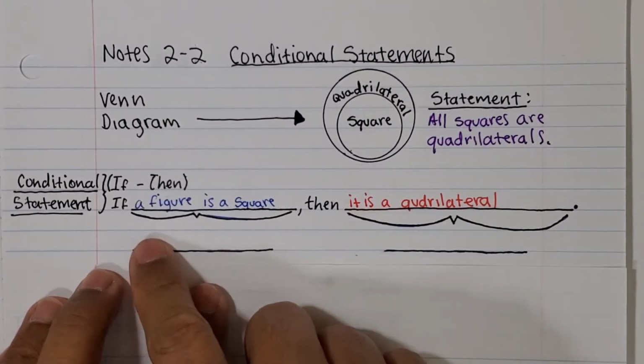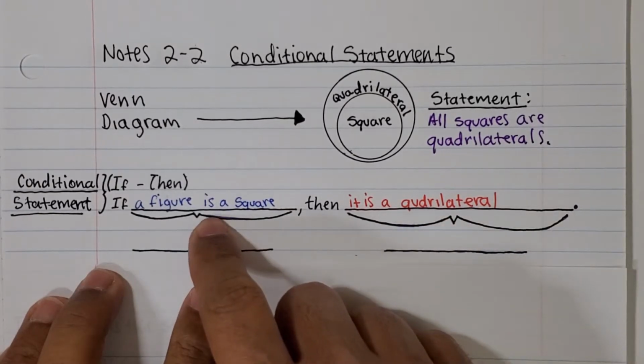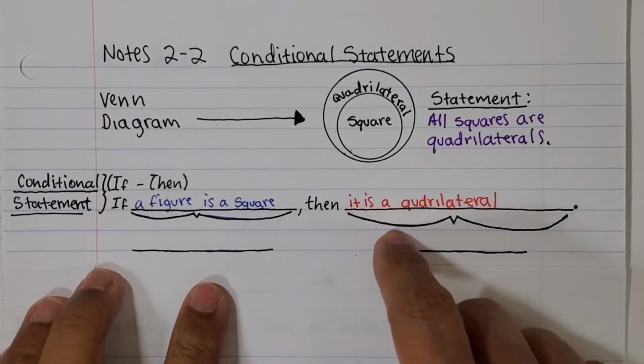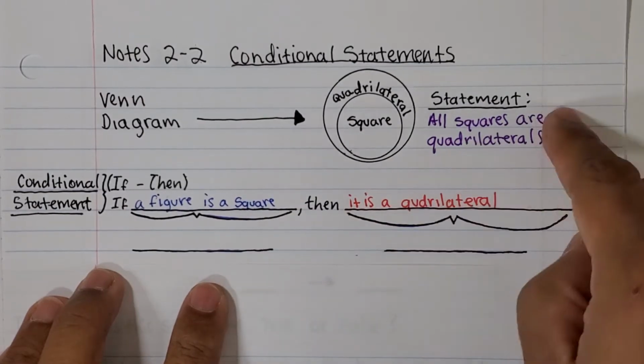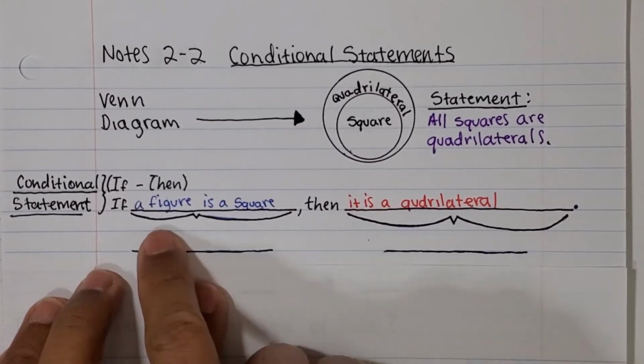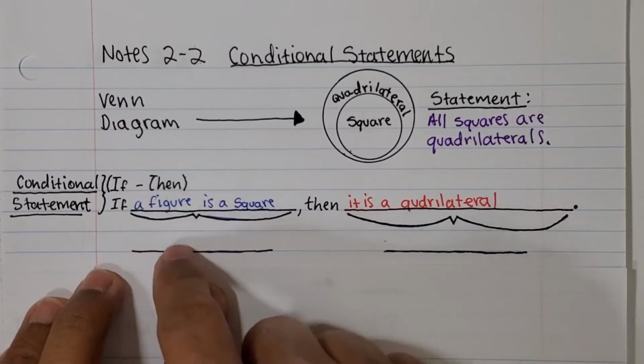Now, what's important about this one here is that we can agree or disagree. We can say, well, this is a false statement, this is a true statement. On this one, I'm just saying all squares are quadrilaterals. I don't care about what you think. But now I'm giving you a chance to argue with me. Is what you're saying true?